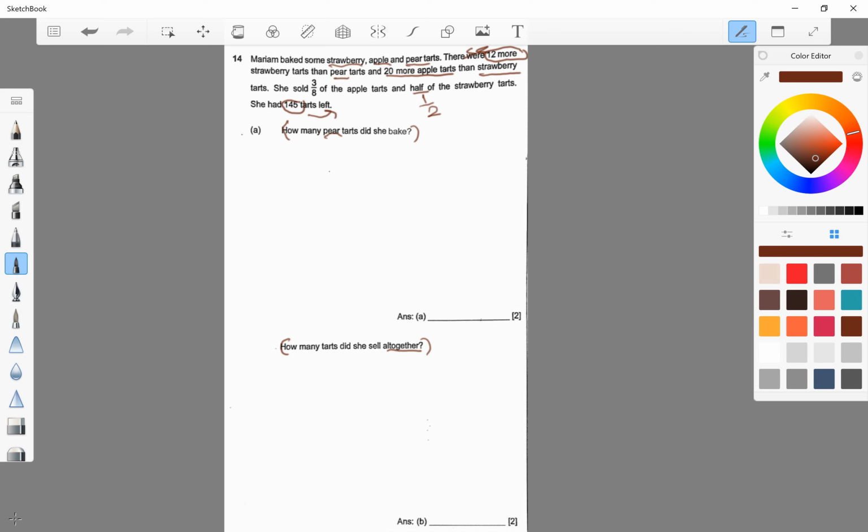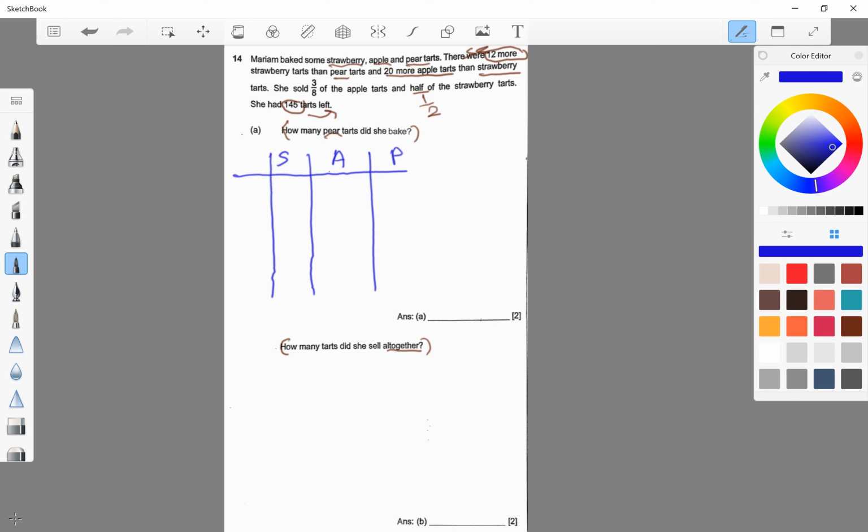Like what I tell my students, it's my favorite weapon to fight against the PSLE monster. So how would this ratio table look like? We have 3 kinds of items. We have the strawberry, we have the apple, and of course we have the pear. So it's a simple table, not too difficult, not too complicated.